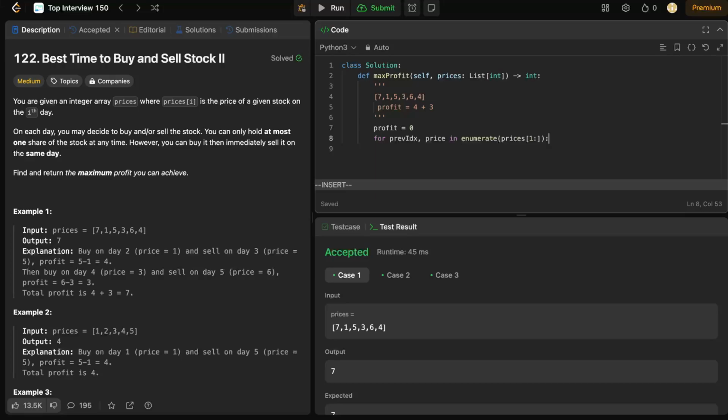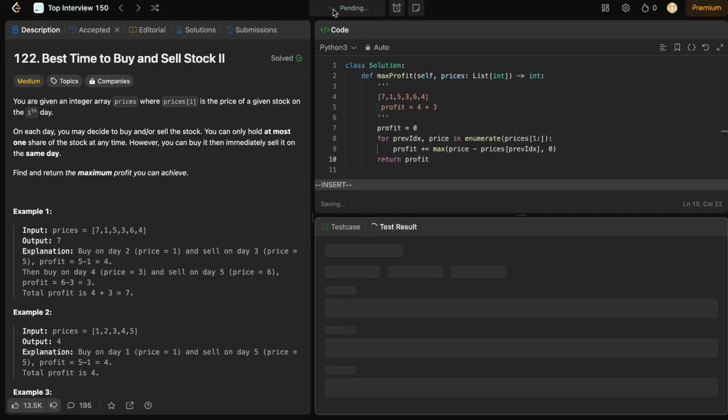This will allow us to compare 2 adjacent indices, and what we could do is update the profit, or add onto the profit, if the adjacent indices, price minus prices of previous index, is larger than 0. And then we can return the profit.